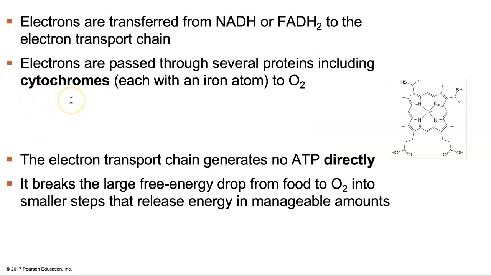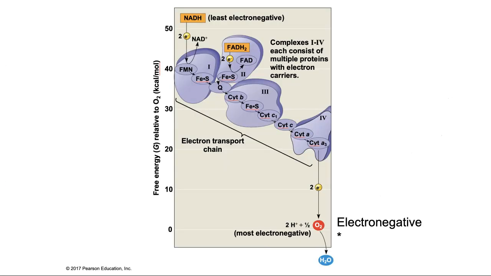So the electrons are passed through several proteins, including some cytochromes. And cytochromes are just a group of proteins that aid in energy transfer by undergoing redox reactions, right? And that's exactly what's occurring here. They are helping with the transfer of the energy. This electron is moving down its energy gradient, and it's doing this via redox reactions.